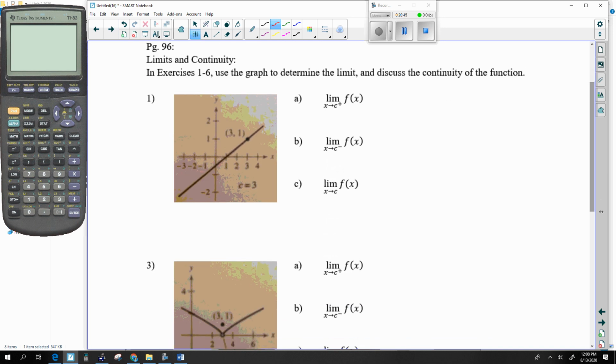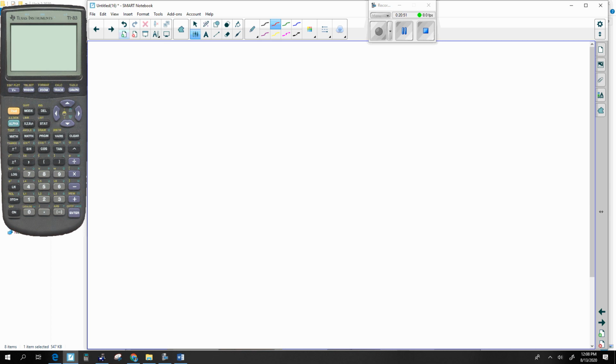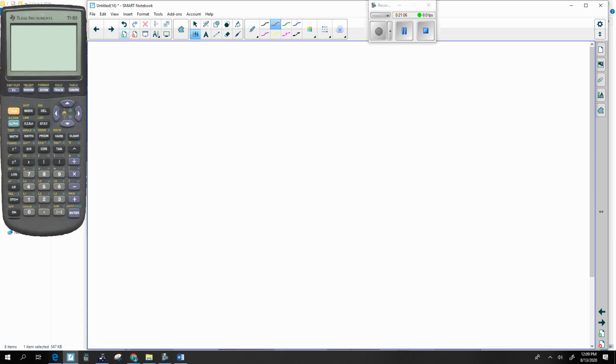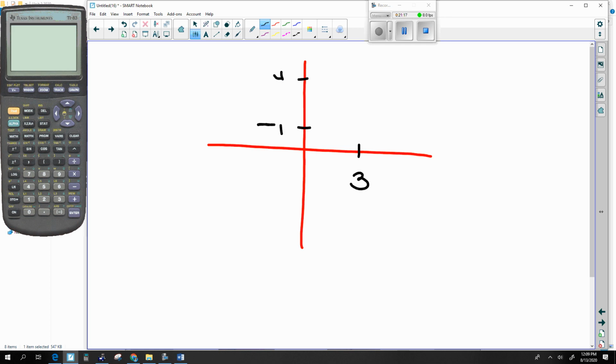Limits and continuity. Okay, pause here. So what we've got going on right here is limits and continuity. Now you'll notice that on these questions you see this plus and minus sign in here. What that implies is this. If I have a graph, and let's say this is the number 3, and this is 1, this is 4, and I have a line that does this. Something like that.